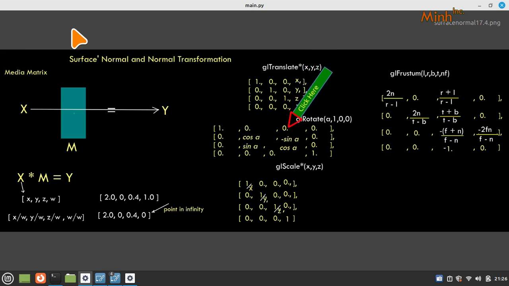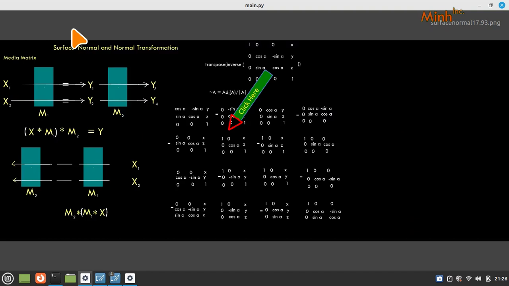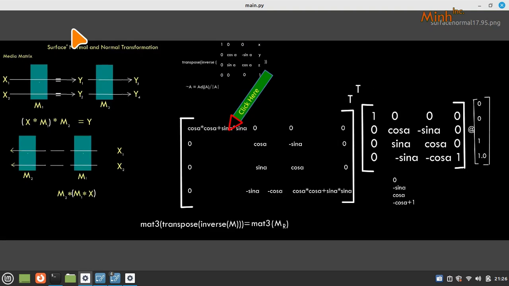So the first 3 rows and 3 columns are unaffected by translation. They are modified only if we do the rotation. If that is true, then whatever transformation we do on M, the same transformation we can do on the normal, if I take out only the first 3 rows and columns.